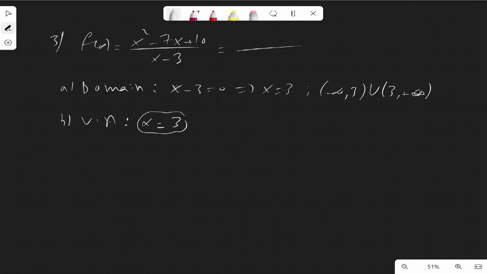Factoring to see if we have a hole. So x and x, negative 2 and negative 5, divided by x minus 3 cannot be simplified, so there is no hole.